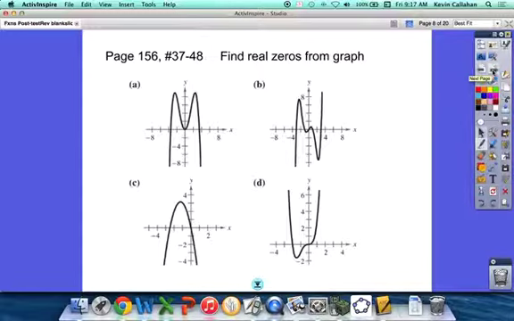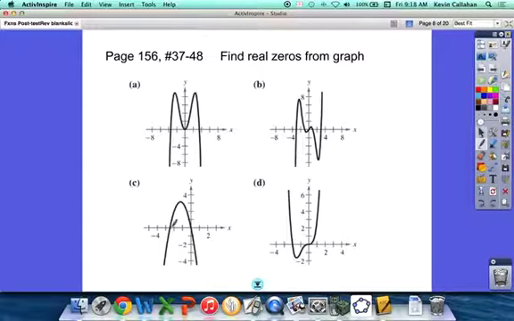You'll be given a graph. Can you state what the zeros are? Here's one that's nice and clean. What are the zeros of this function? 0, negative 2. This one looks like there's a 0 at 0, and there's a 0 I can estimate. Negative 1.8 plus 1.8.